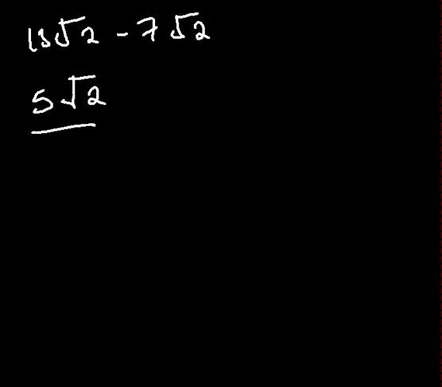And let's say we have 13 times the square root of 2 minus 7 times the square root of 2. How do you think this can be subtracted? In this case these are like terms. We'll have 5 times the square root of 2. And let's say we have 12 times the square root of 5 plus 5 times the square root of 5.